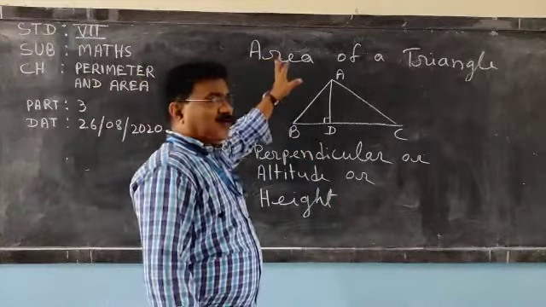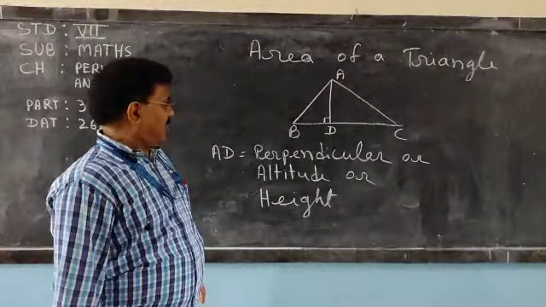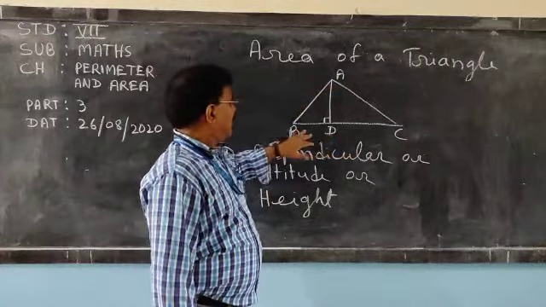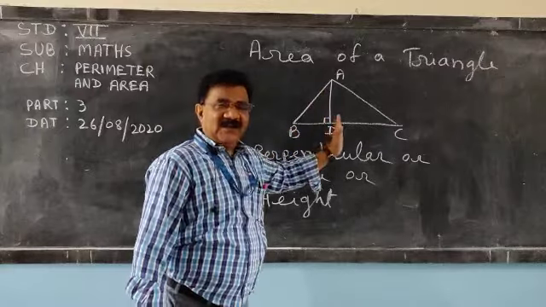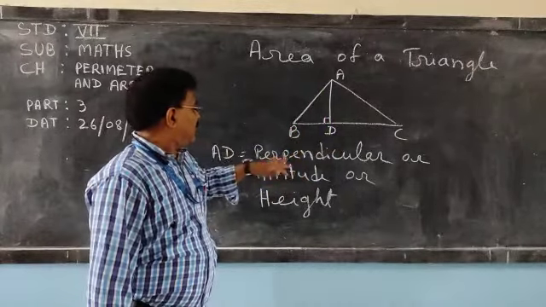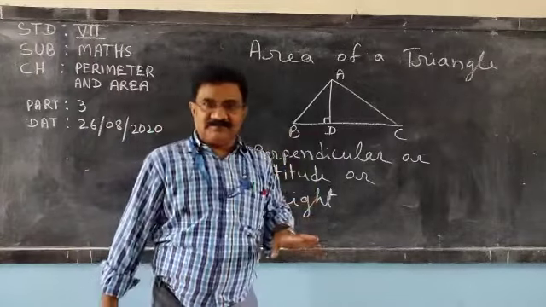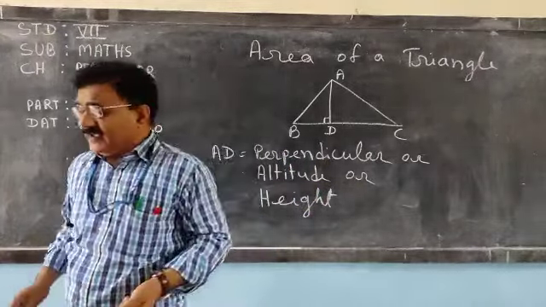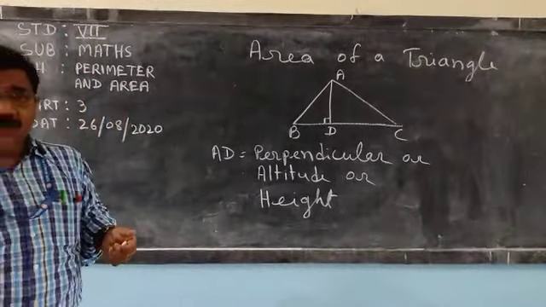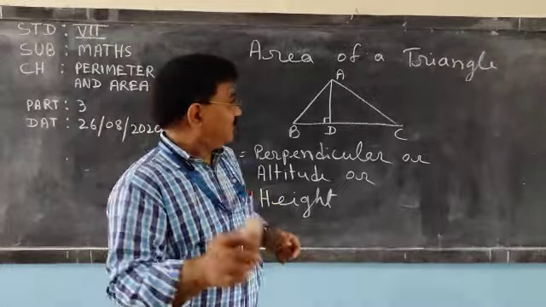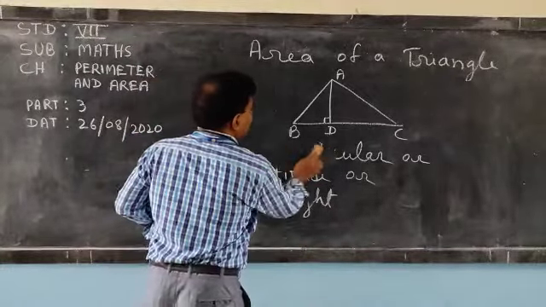So we are going to discuss the area of a triangle, and this perpendicular is the altitude or height or perpendicular. Now how to find the area? If one side and the height or the perpendicular is given, then apply the formula.